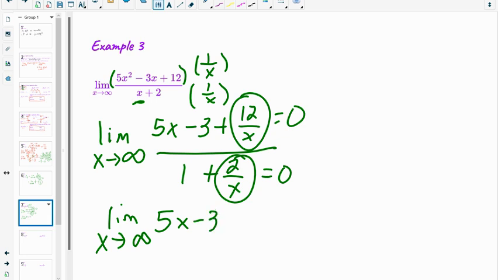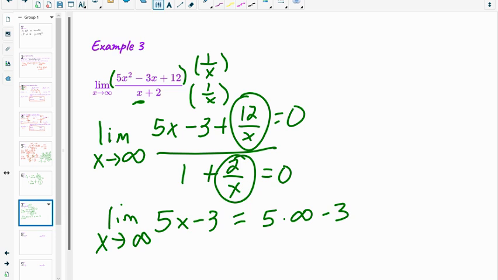Now, there's a couple ways you can work on this. Once you've simplified, remember, the trick is we substitute first. If we get 0 over 0, or now we're adding infinity to infinity, then we will do some sort of algebra, depending on the scenario. We'll simplify, and then we will resubstitute. So if we resubstitute here, we get 5 times infinity minus 3.